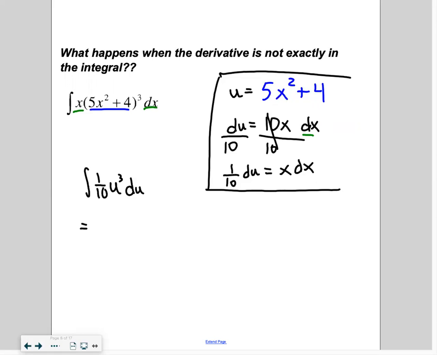Now you can take the antiderivative. This would be u to the fourth over, well, let me go one step. I don't want to skip steps here. This would be 1/10 u to the fourth over 4 plus c.